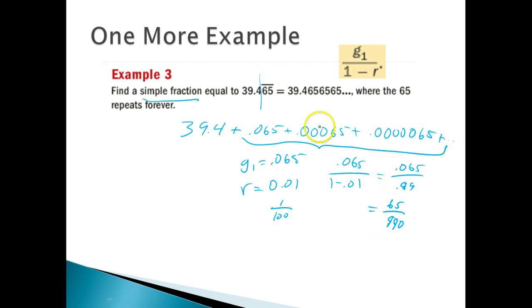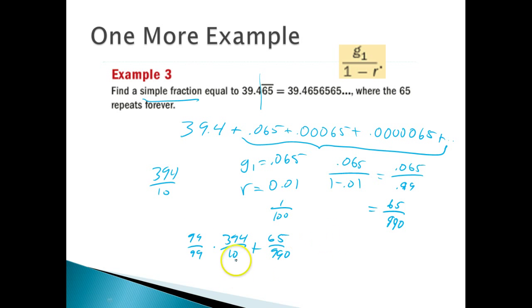So we have our fraction for this infinite geometric series here on the right, and we have our 39.4 on the left. Well, 39.4, that is 394 over 10. So what I would do is add these two fractions. So we have 394 over 10 plus 65 over 990. Well, we need a common denominator. It's kind of annoying, so we're going to multiply by 99 on the top and bottom here.